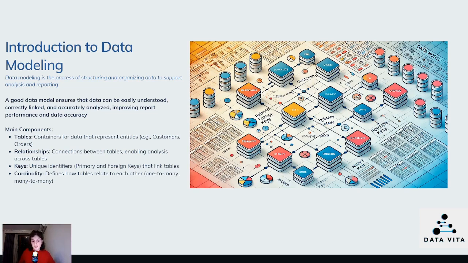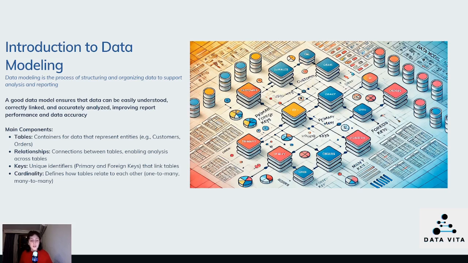Tables are containers for data that represent entities, for example, customer tables, order tables, and so on. Relationships link tables together, creating connections that allow data to flow smoothly across the model.